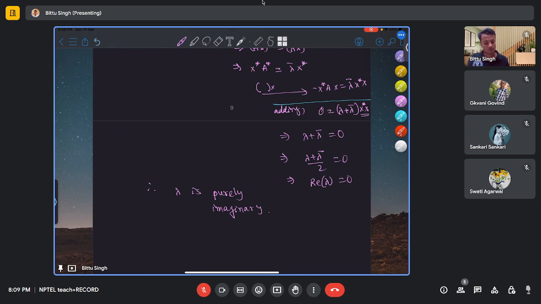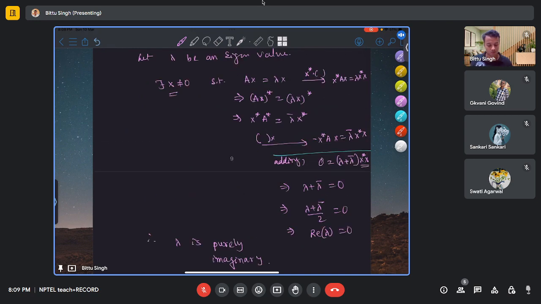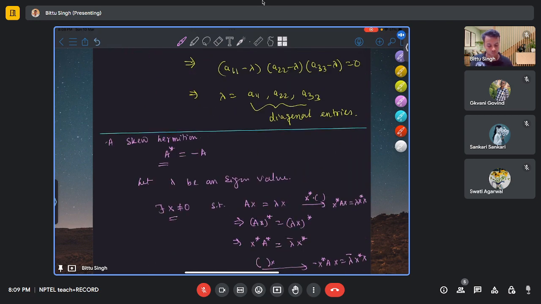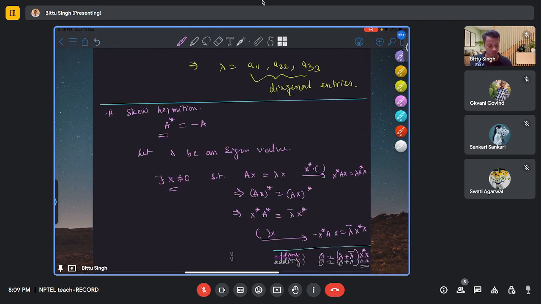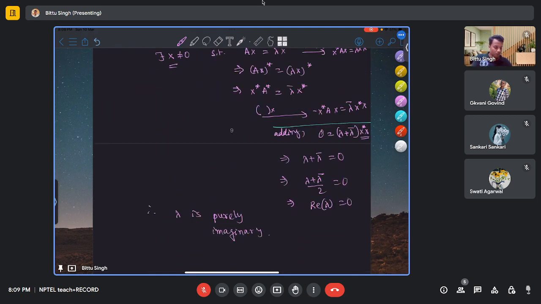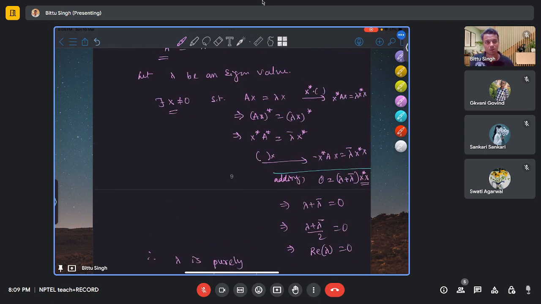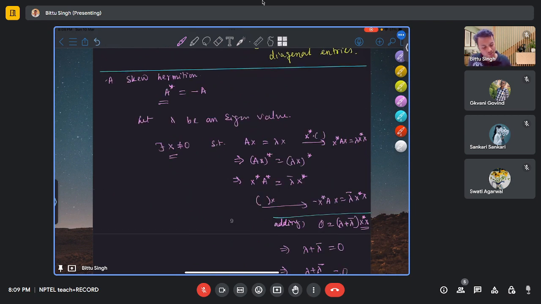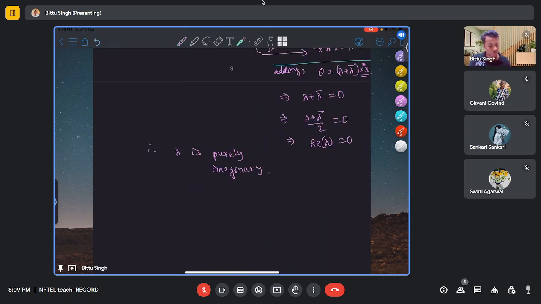This is how the eigenvalue of a skew Hermitian matrix will look. In a similar way, if you put skew symmetric here instead of skew Hermitian, the conclusion will be the same, because the same argument applies.